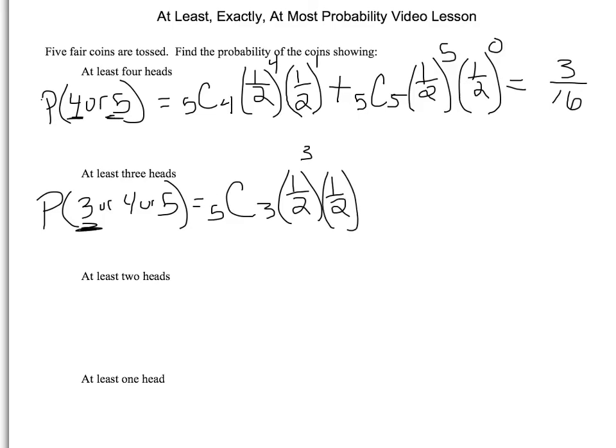You want 2 of them. Plus, and then look, you have the probability of 4 or 5, but you just did that. That is equal to 3/16. So instead of writing it all over again, just say plus 3/16 afterwards. So you end up getting 0.5, which is 1/2.